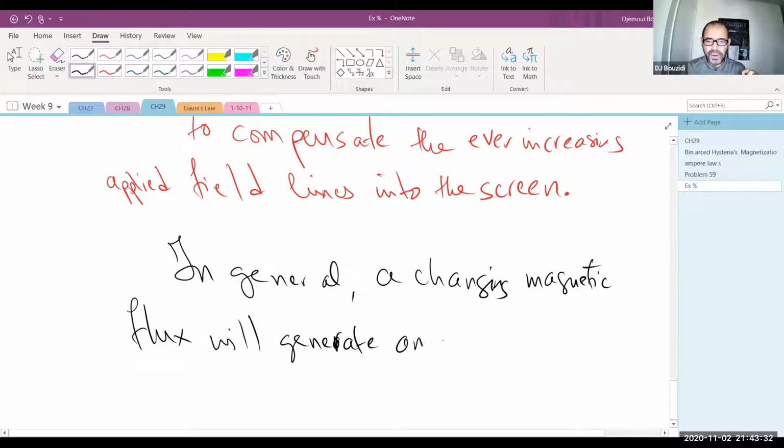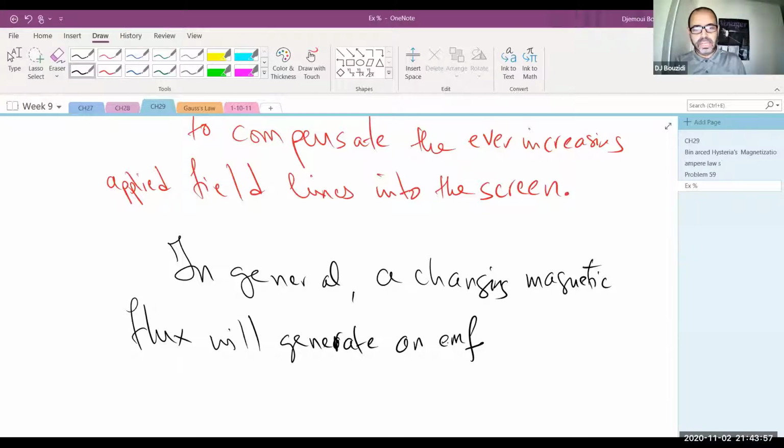an EMF. Now, an EMF may or may not create a current. If the loop is open, there is no current. It's just a pile up of charges from one end and depletion of charges from the other end. So it's like this battery now. When you have an EMF, you can have it just like this one. So that is exactly what it is. If you connect the wires, now you have a current.